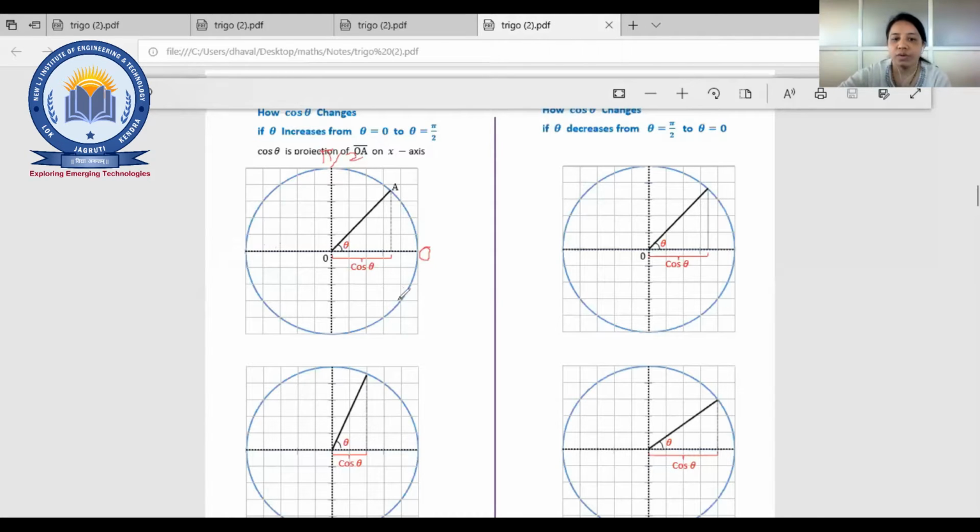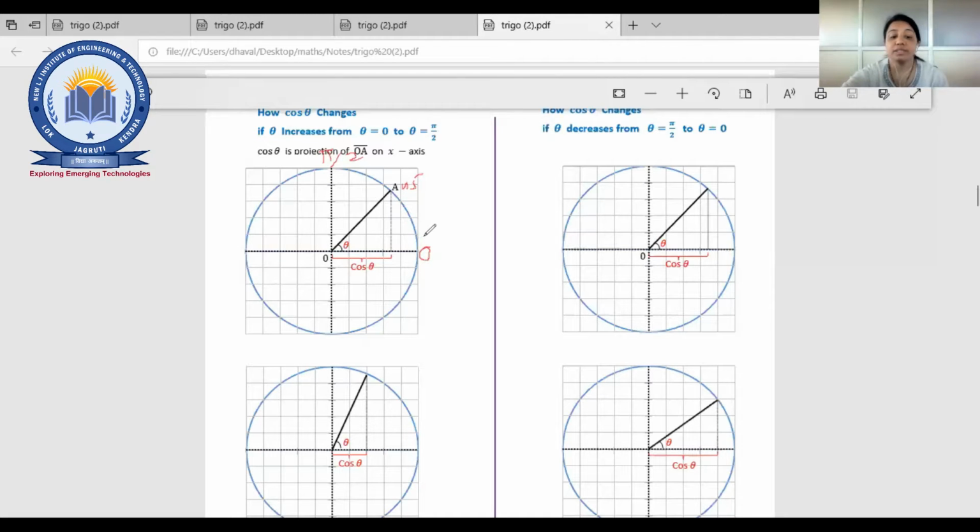Here theta is in the first quadrant, and you can see this is a 45 degree angle. Now theta will move from 0 to pi by 2, that means in the first quadrant.